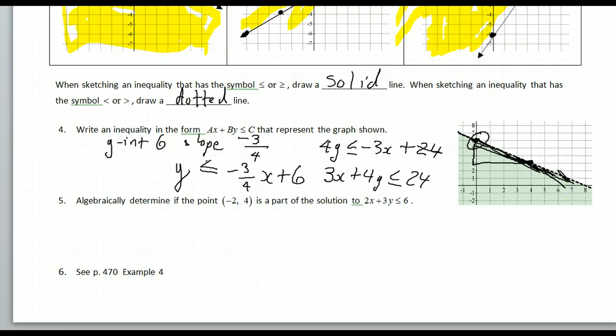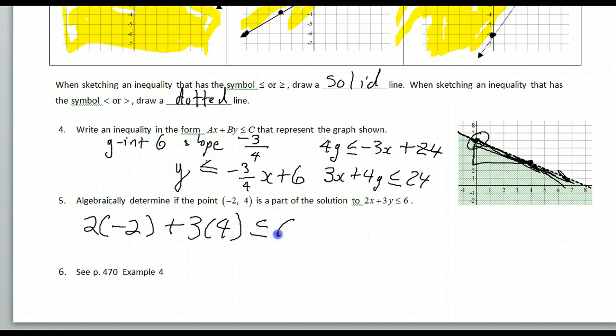Okay, and last one. Well, actually second last one, because we apparently have number 6 to do, which is the page 470 example 4. Algebraically determine if the point negative 2, 4 is part of the solution. Well, how do we see if a point is part of the solution? We substitute it in. X is negative 2 plus 3, and y is 4.